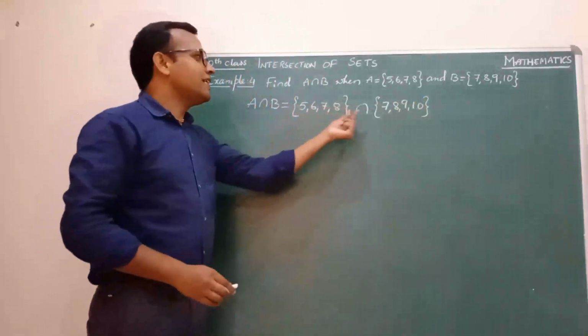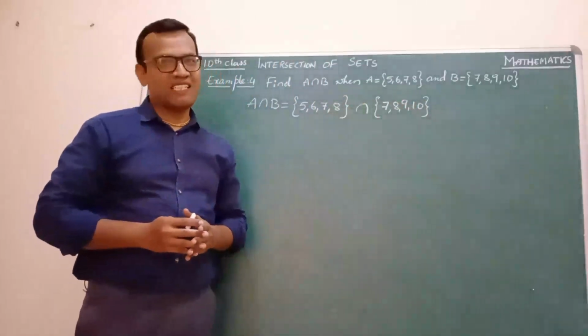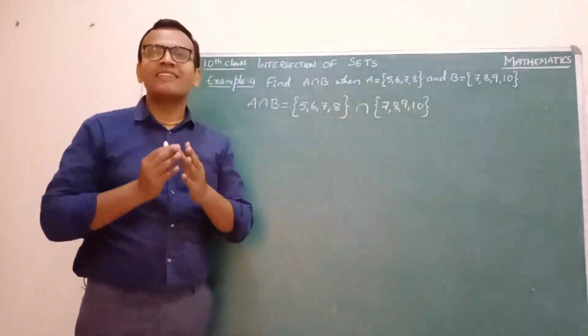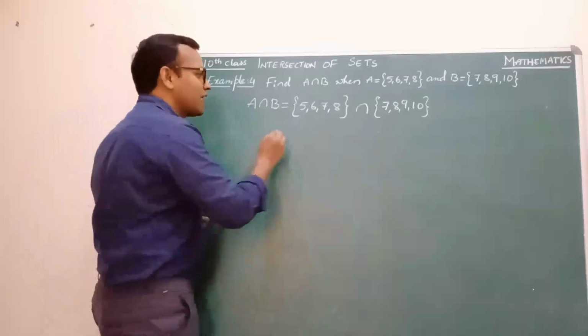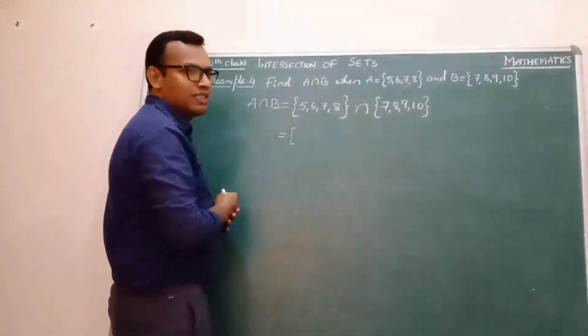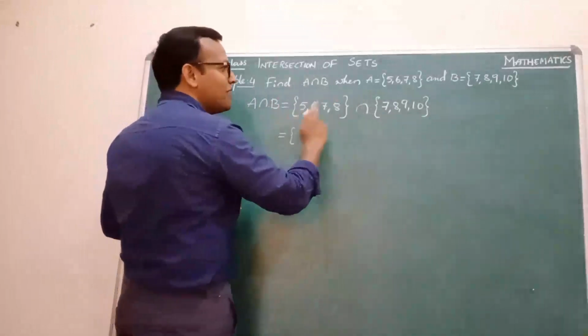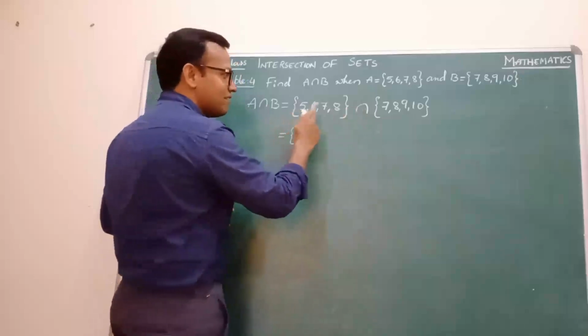Now set A intersection of set B. We already discussed the definition of intersection of sets, and that is the set of common elements in both A and B. Now let me find the set of common elements in both A and B. So which elements are common in both the sets? Children, let us check here. 5 is not, 6 is not.